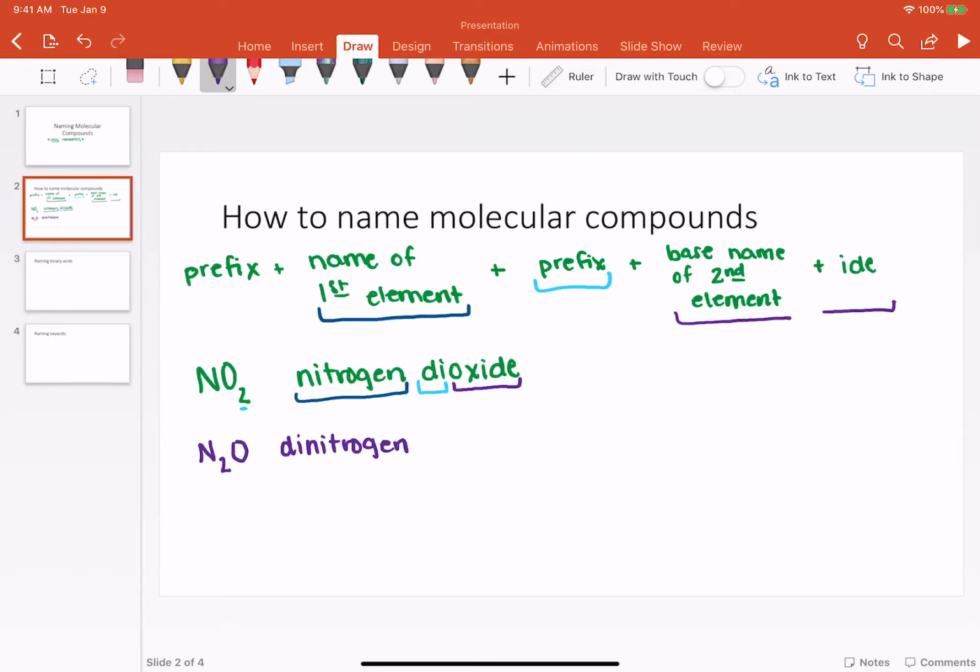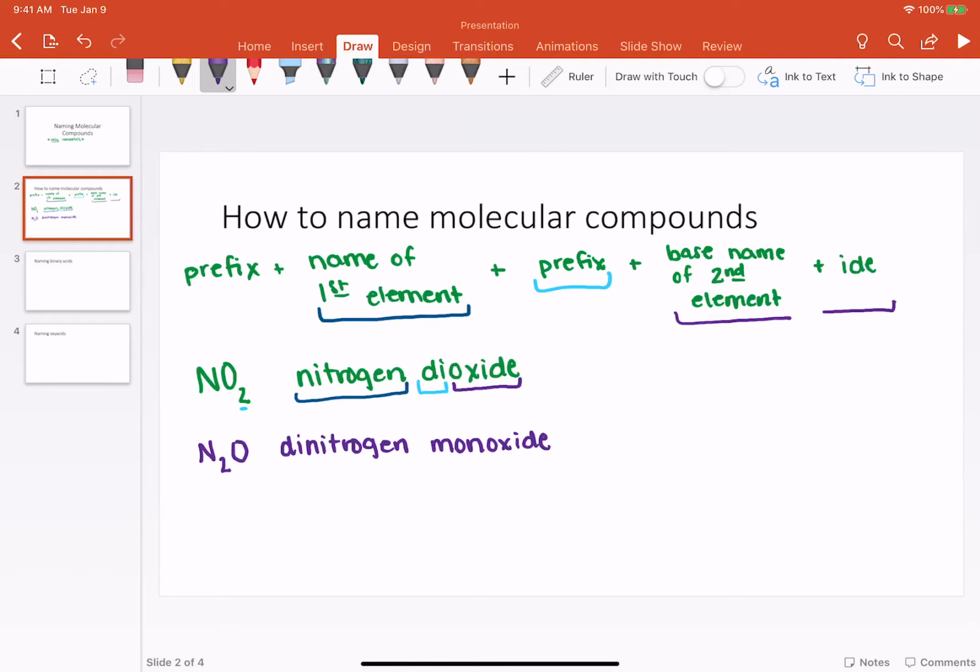And then we do use the mono prefix for one of the second element. That's going to be monoxide. Also, notice how we don't write monooxide. We don't repeat the O's, so when there are two O's next to each other, we just drop one of them, so it becomes monoxide.